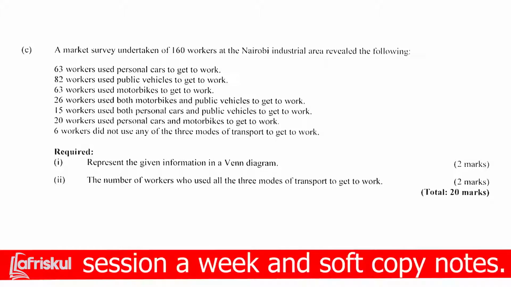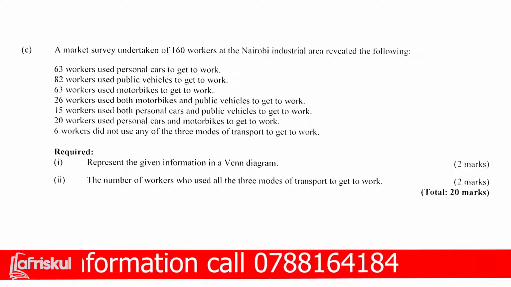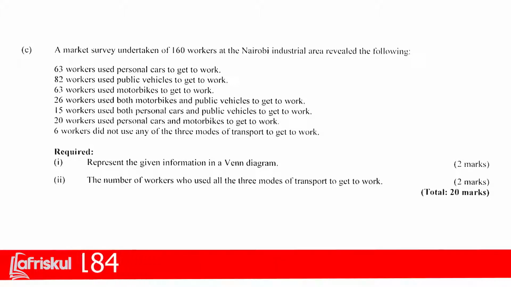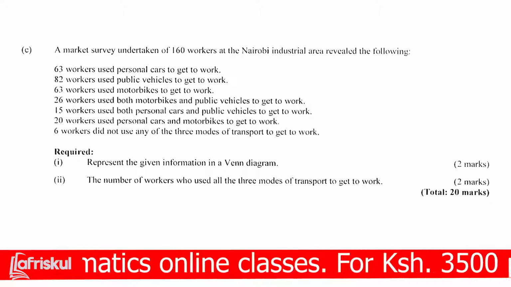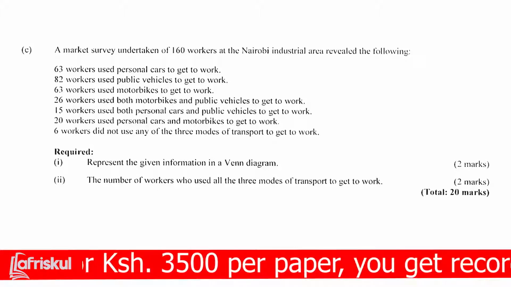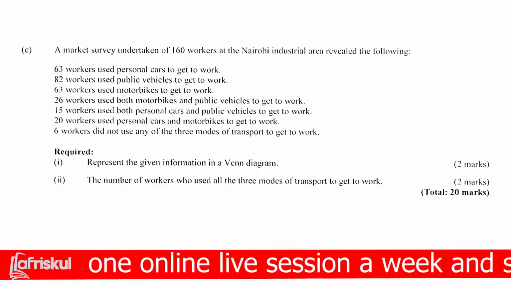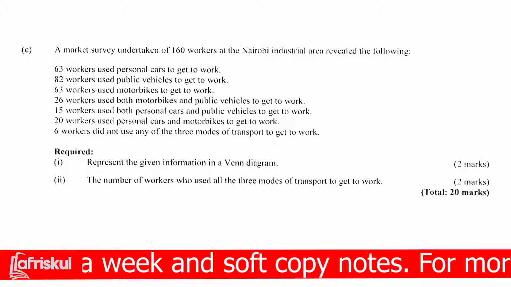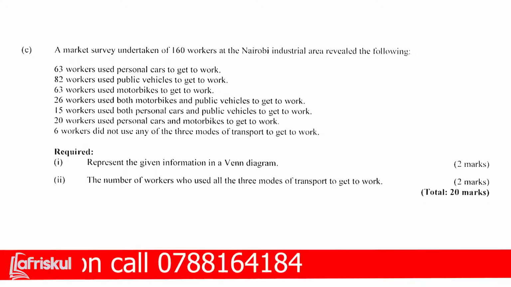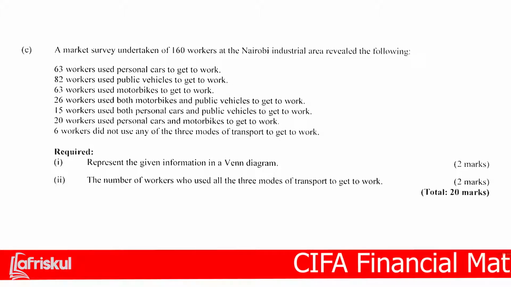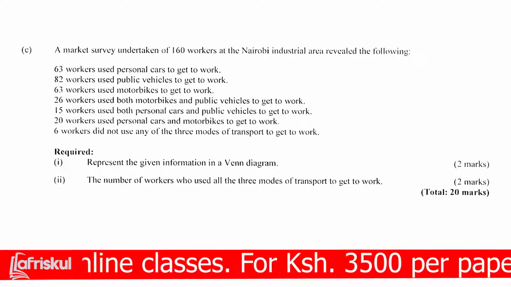The examiner is saying 63 workers used personal cars to get to work. Therefore, our first subset, let's name it cars. Our second subset, let's name it vehicles. And our third subset, let's name it motorbike.